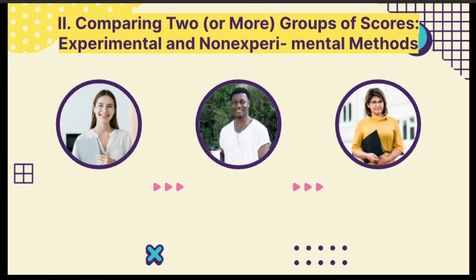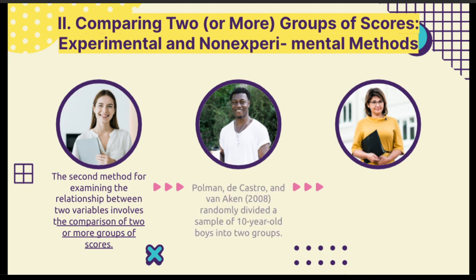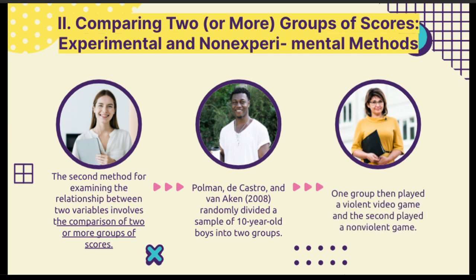How are we going to compare two or more groups of scores in experimental and non-experimental methods? We have to compare two or more group scores. According to Pullman, De Castro, and Van Goozen in 2008, they randomly divided a sample of 10-year-old boys into two groups. The first group played a violent video game, and the second one played a non-violent video game.